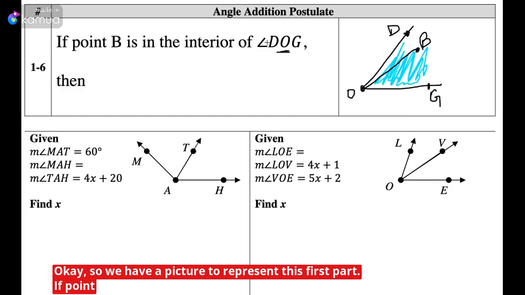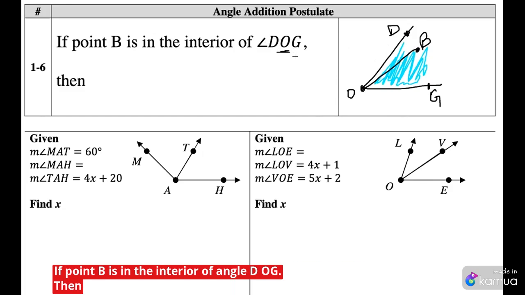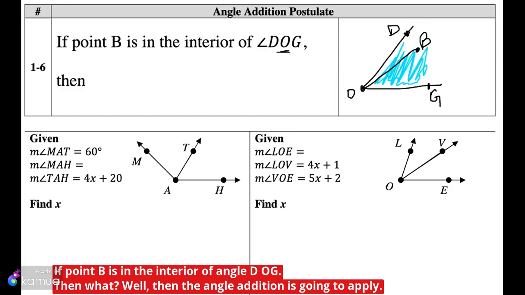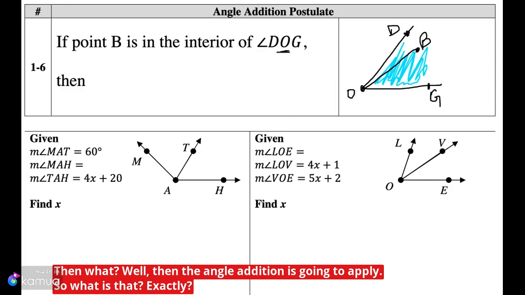If point B is in the interior of angle DOG, then what? Well, then the angle addition postulate is going to apply. So what is that exactly?